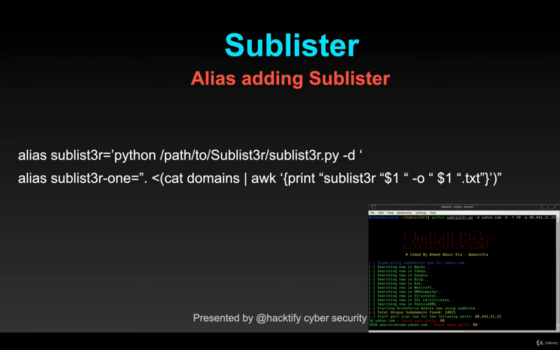Now, if you want to automate and do not want to go into the Sublist3r folder every time and type the python sublist3r.py -d command, because it will take a lot of time. Whenever you get any program to test, the first thing that we are going to do is identify the subdomains, so it will not be feasible to go into that particular folder each time and run the Sublist3r command.